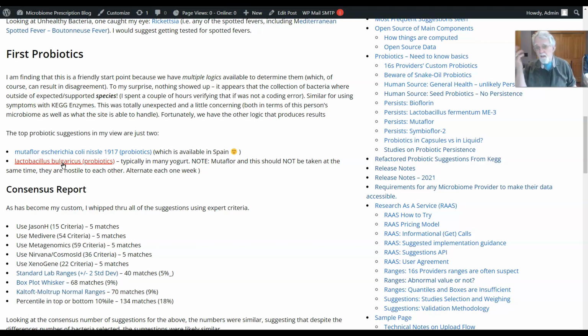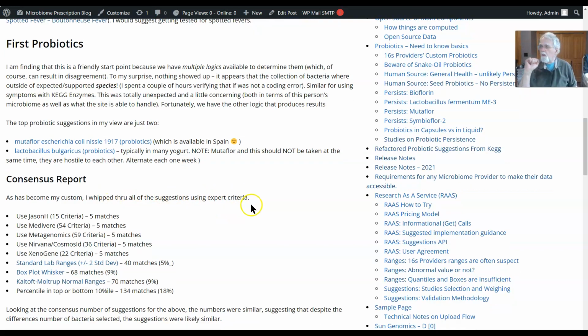It's interesting. It suggests this person is in his own little world of microbiome oddities. One word of warning, these two should not be taken at the same time because they are going to fight with each other. You could be spending money and half of whatever you're buying is going to be killed off by the other, and who knows where you're going to go.